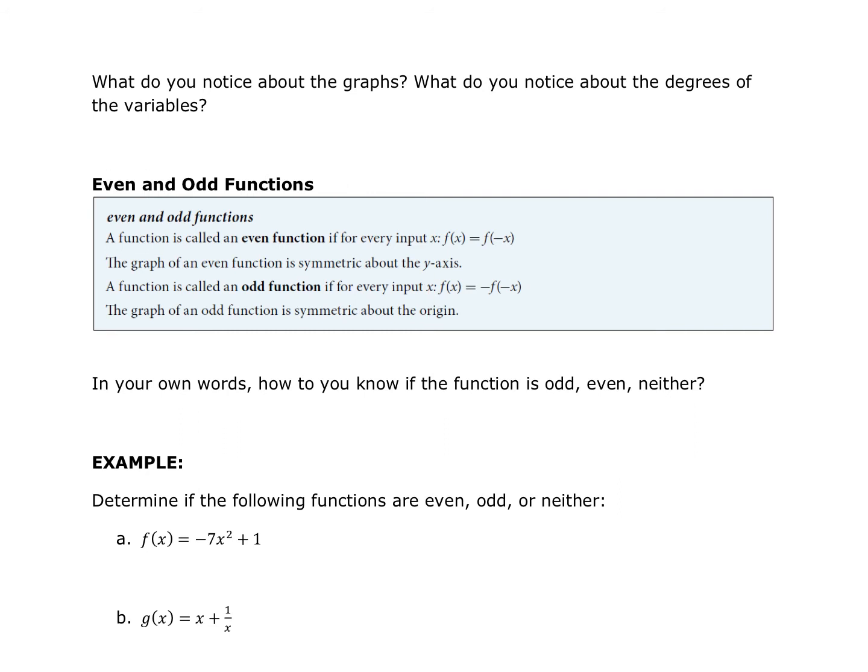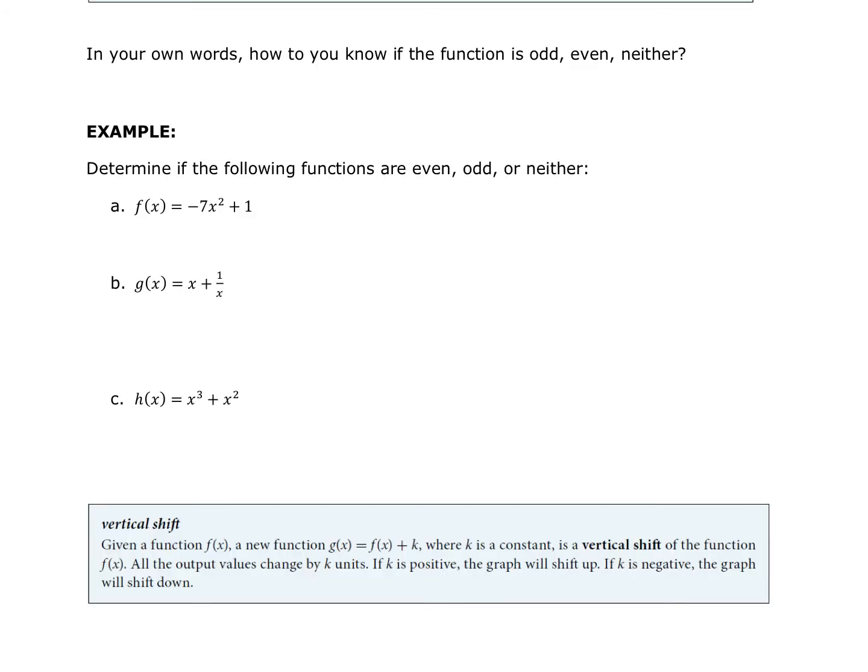So if I'm trying to determine whether or not these functions are odd, even, or neither, what I do is put a negative x into the function and see whether my function changes, every single term changes sign, or every single term stays exactly the same. So I'm going to do f of negative x, and I get negative 7 times negative x, the quantity squared, plus 1.